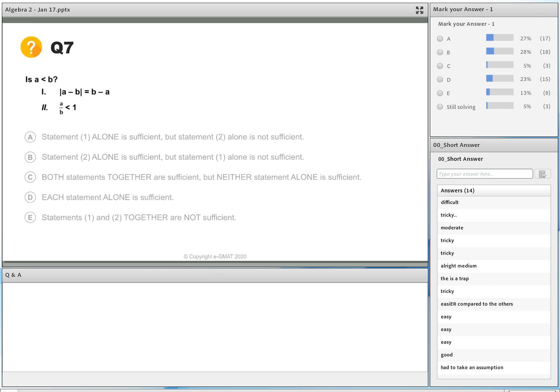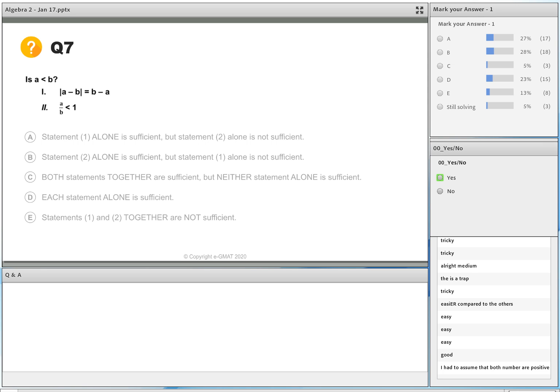Okay, had to take an assumption. Dhaval, what assumption did you take? Can I please know that? What was the assumption that you took to solve this question? You had to assume that both numbers are positive. All right, let me get the yes/no poll. What Dhaval is saying is he had to assume both numbers as positive.